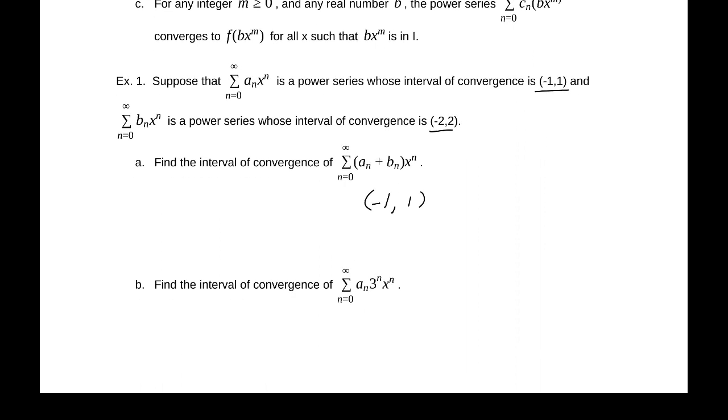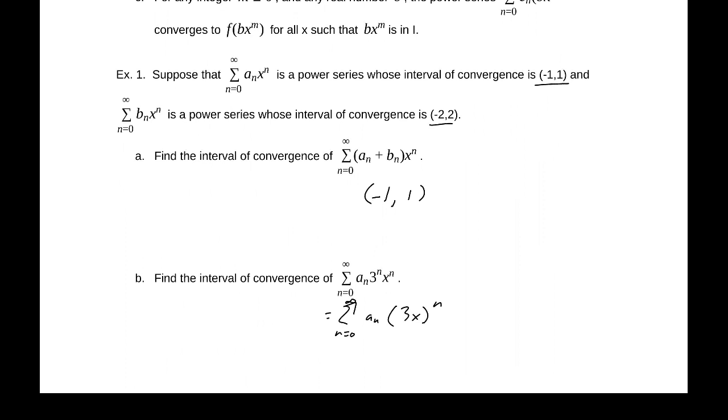Now the second one has to do with a composition. First, let's write the sum from n equals 0 to infinity of a_n times (3x) to the n. Our composition here, the bx to the m, is 3x. So as long as bx to the m is in the interval -1 to 1, then we're in good shape.